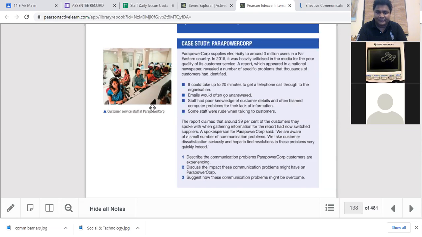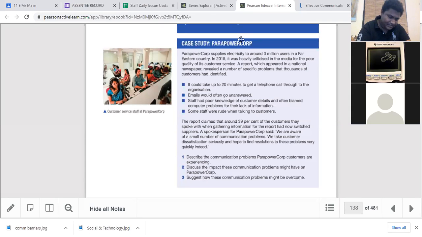The staff don't have updated knowledge about the technology, and also some staff were rude when talking to customers. That is another training matter, because these things can be avoided by giving proper training to staff on how to talk to a client and how to talk to the members. As a result, you can reduce and avoid problems like this.